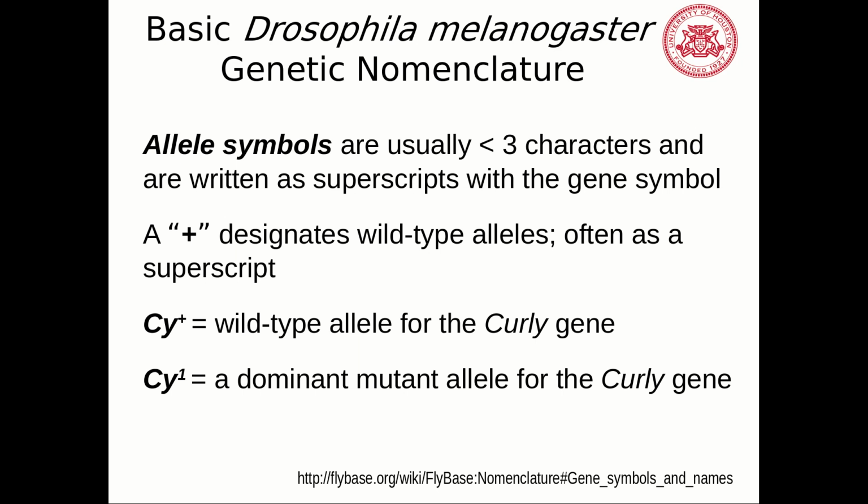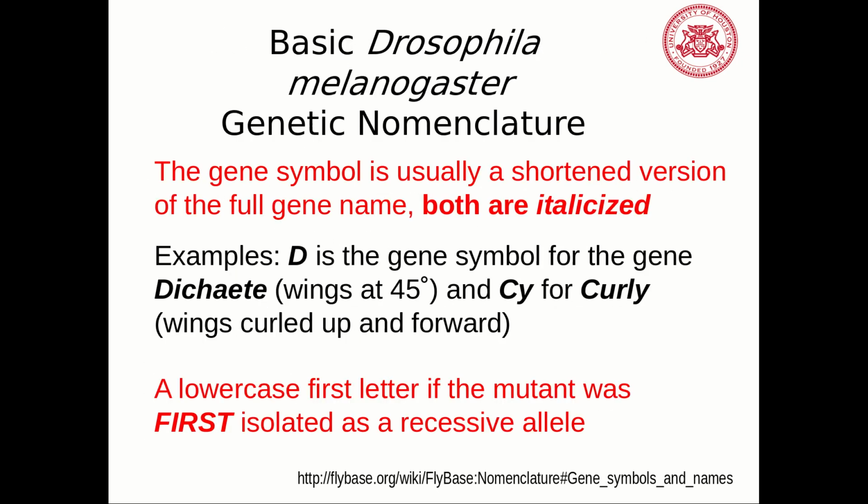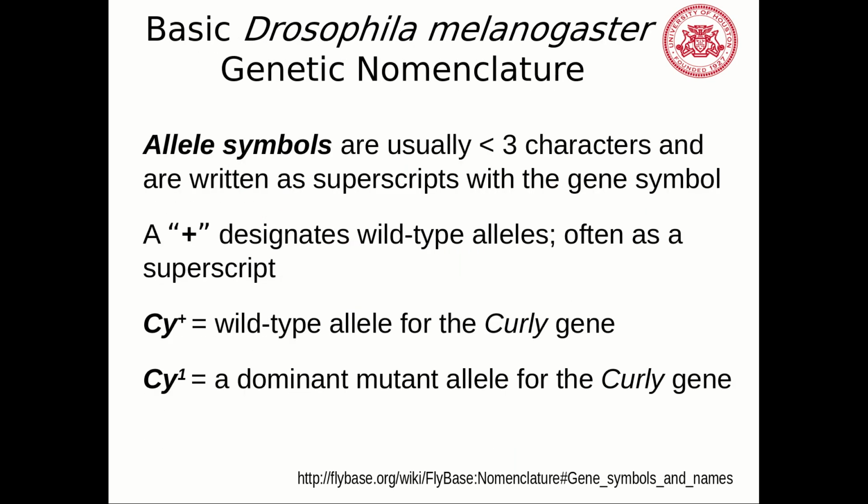So a Cy plus is telling you that here is a gene with the curly mutation, but a plus means that you have the wild type version of that gene. The Cy1 means that you have a dominant mutant allele for that gene. So keep that in mind: dominant mutant and wild type.